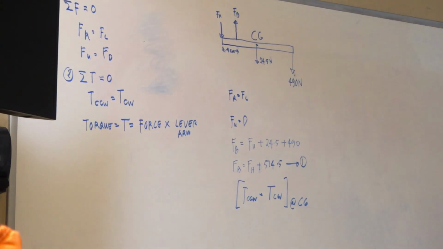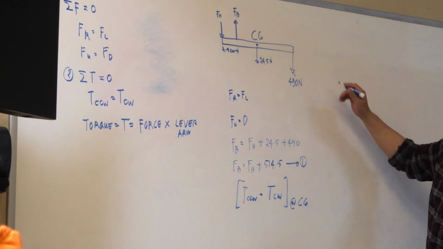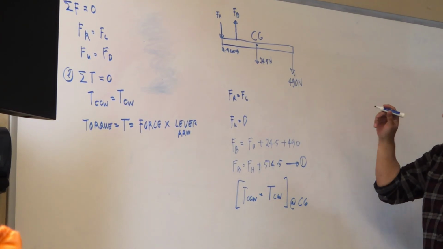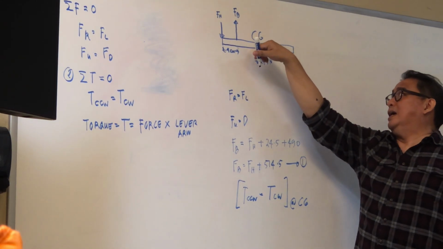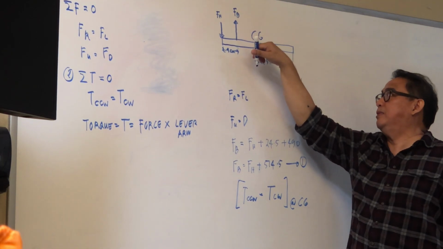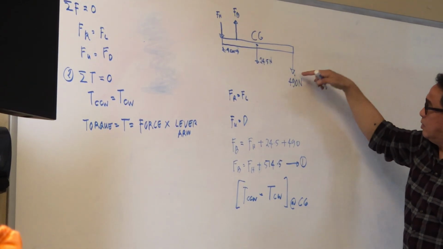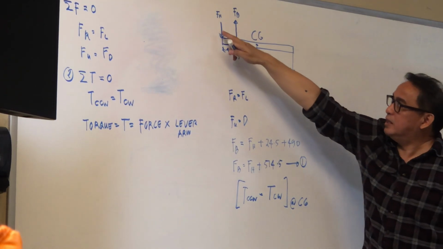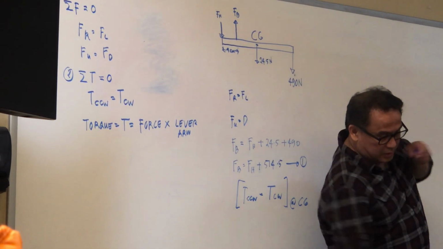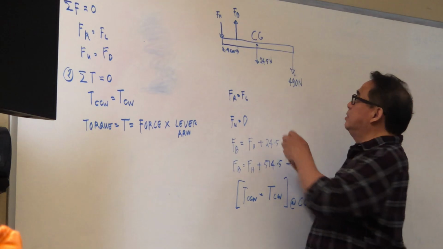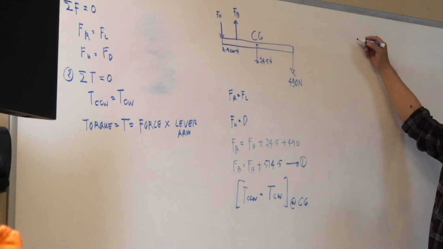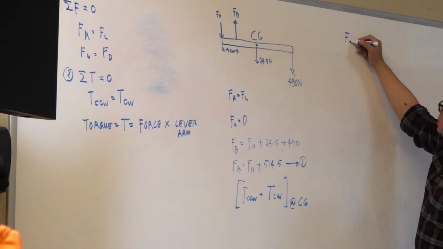For counterclockwise, what's the force producing counterclockwise rotation if the structure is hinged there? It will be just FH. FH produces counterclockwise rotation.